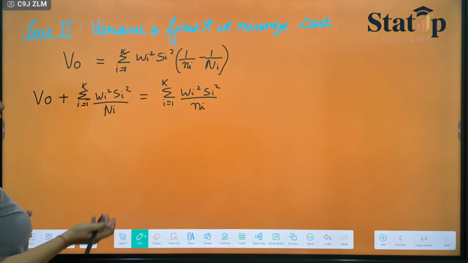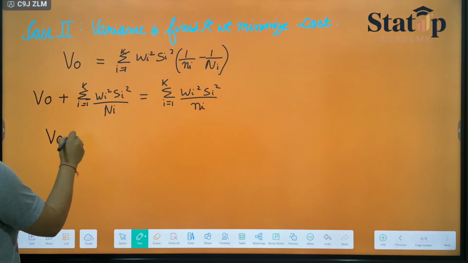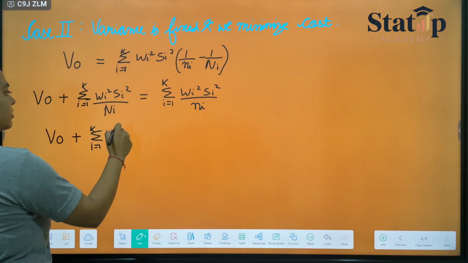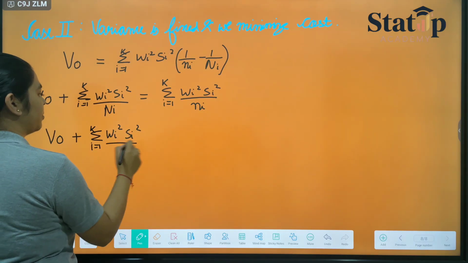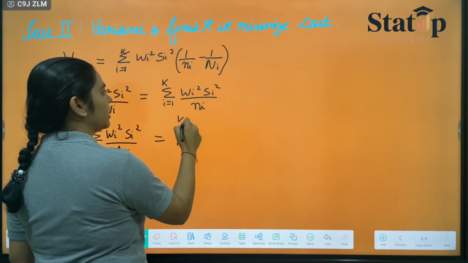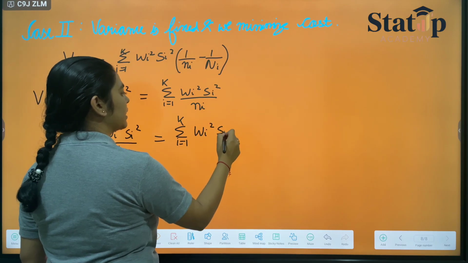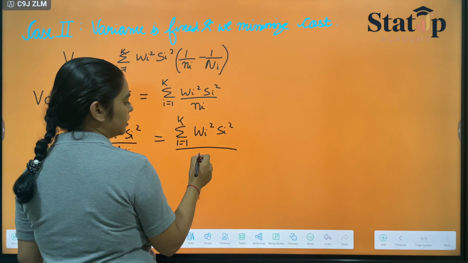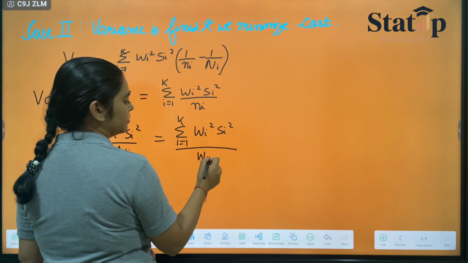Substituting the value of small ni here, we will get V0 plus summation i goes from 1 to k Wi square Si square upon capital Ni is equal to summation i goes from 1 to k Wi square Si square upon the value of ni, which was Wi n.